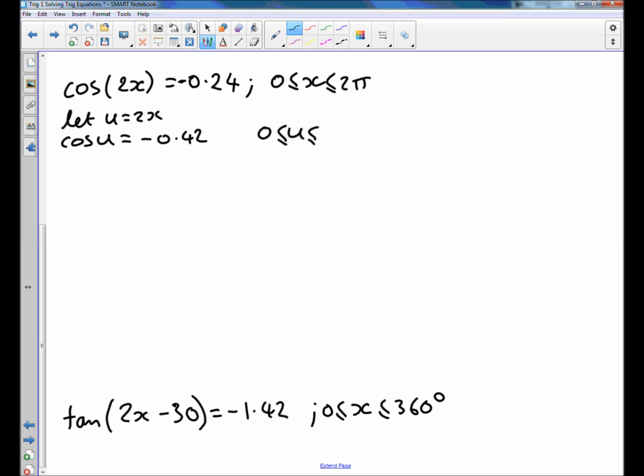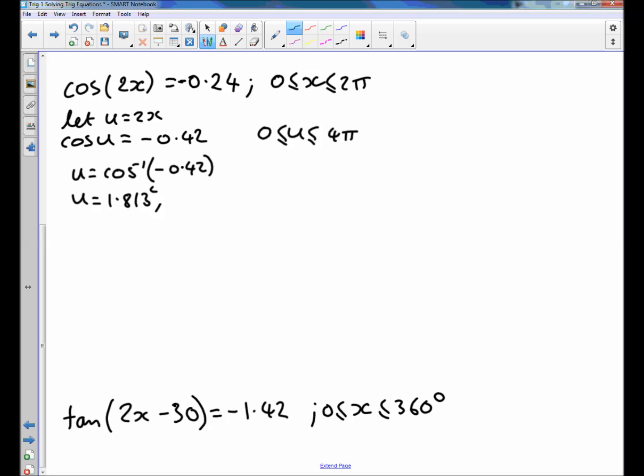When x is 2 pi, u is going to be 4 pi. So, my principal solution then, well, u is going to be the inverse cosine of minus 0.42. So, my principal solution is going to be 1.813 radians.